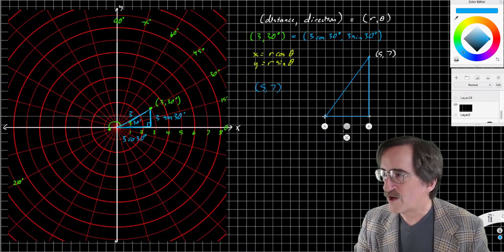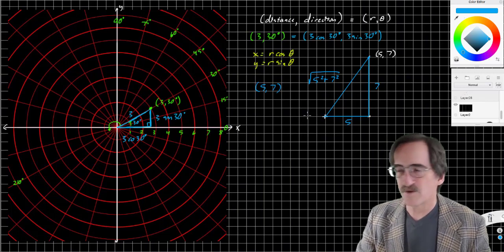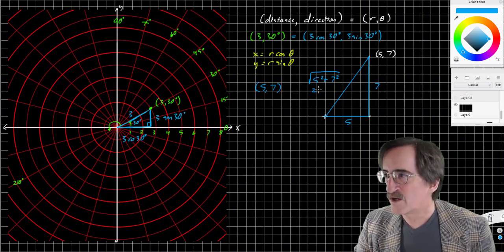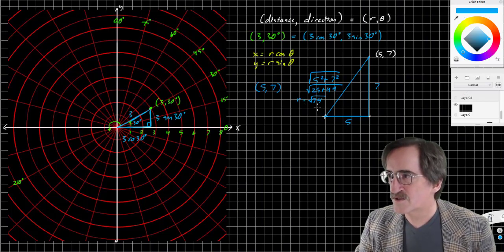I know the height of this triangle is 7 and the width is 5. So the radius by the Pythagorean theorem is the square root of 5 squared plus 7 squared. You can think distance formula or Pythagorean theorem. 25 plus 49 is root 74. Okay, so that's the radius.